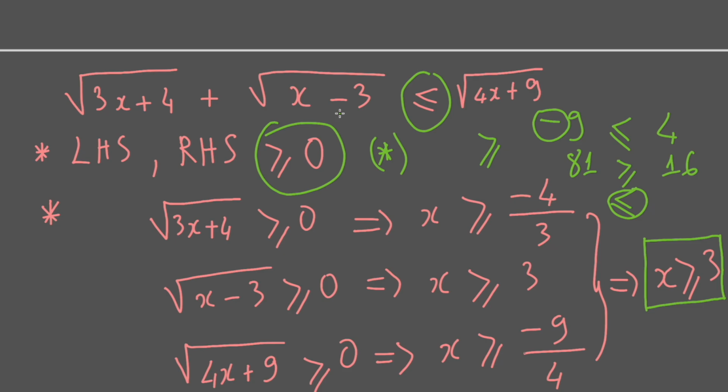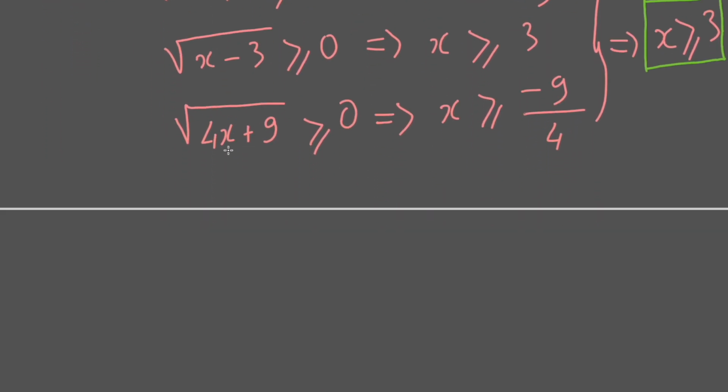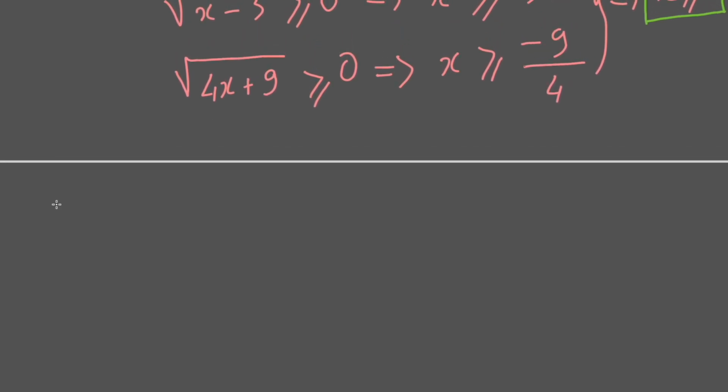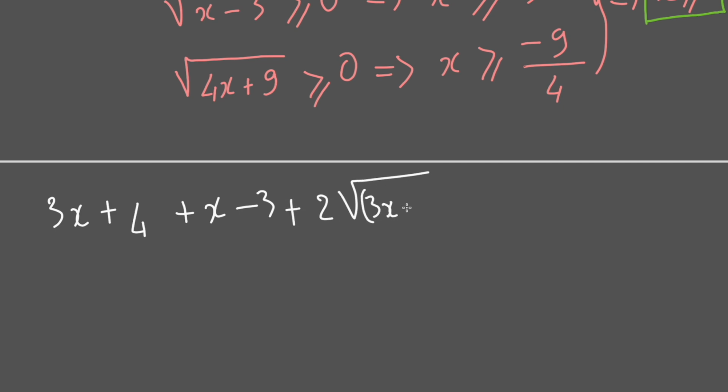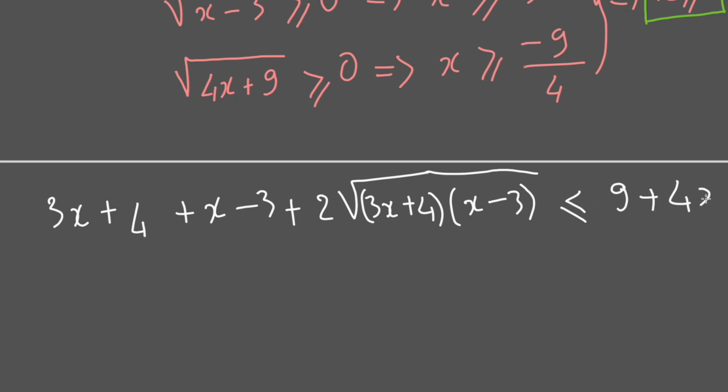So let's do it. When we square both sides, we have 3x plus 4 plus x minus 3 plus 2 square root of 3x plus 4 multiplied by x minus 3 is smaller or equal than 9 plus 4x.